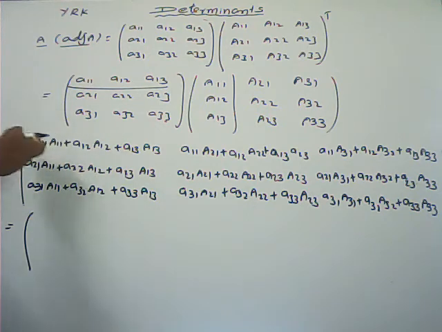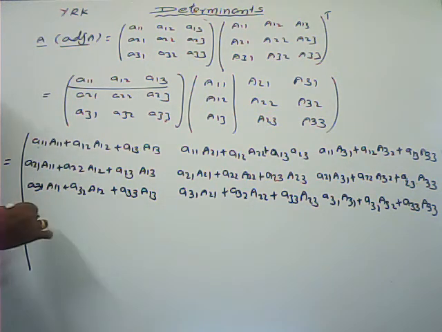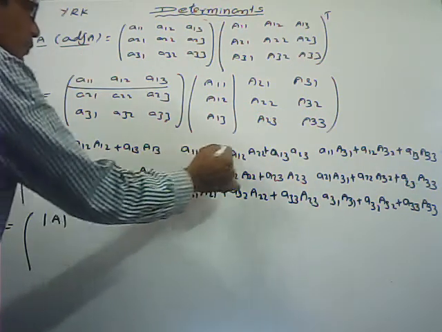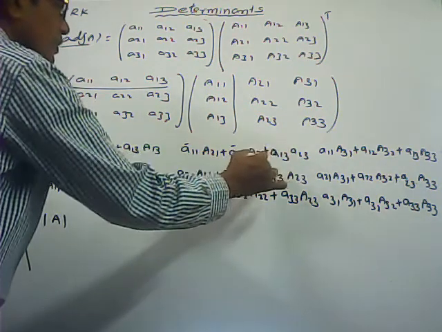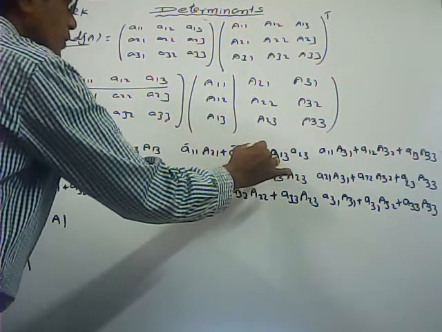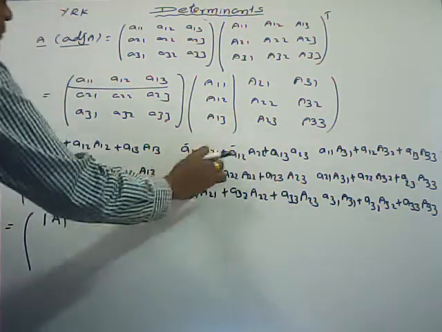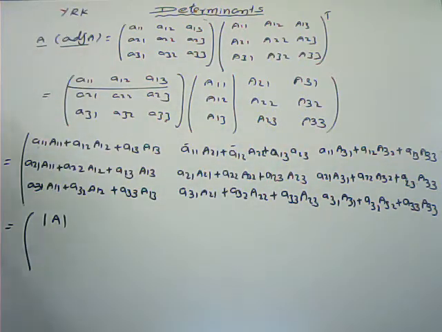So here the sum of the product of the elements of the first row with their corresponding cofactors, that one we say determinant of the square matrix. That is the definition of the determinant of the square matrix. Now these are the first row elements, and these are multiplied by the cofactors of second row elements.